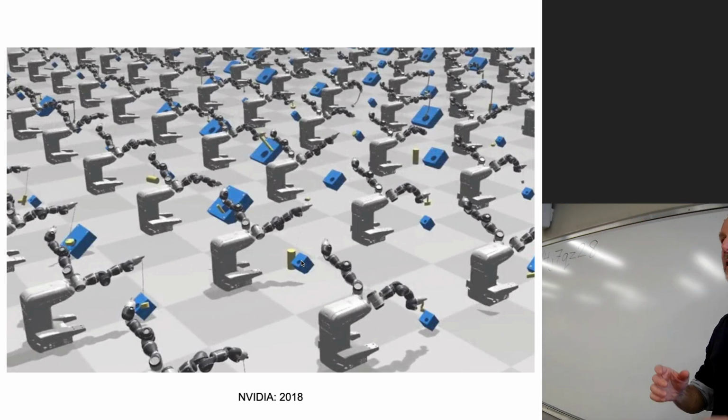So NVIDIA said, listen, we're making these whiz-bang new GPUs that have a lot of computational horsepower. Why don't we train controllers for this robot arm to solve this problem? And we're going to run a whole bunch of these different controllers on a whole bunch of different simulated robot arms.